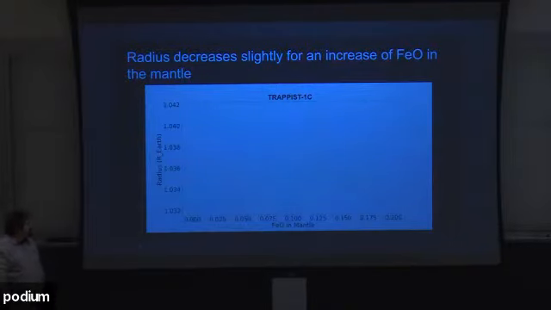Since we underestimated the radii in the first place with no iron in the mantle, putting iron in the mantle is just going to continue that trend of underestimating the radii. So it's not a great thing to tune specifically to increase the radii.